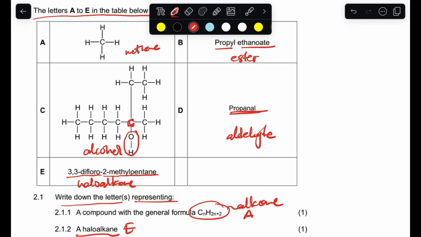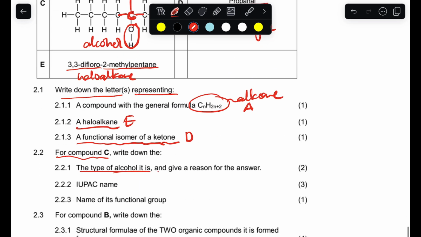How many carbons are attached to the carbon that is attached to the hydroxyl? It's 1, 2, 3. So that makes it a tertiary alcohol. Now it says give a reason for your answer.